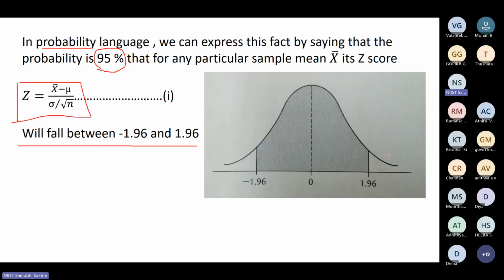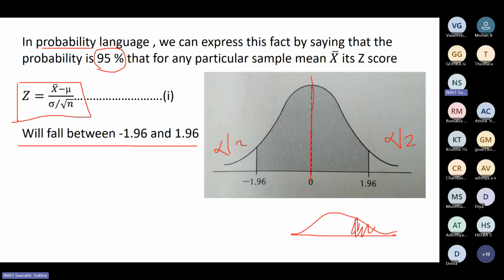I hope now you are able to understand why I did half. If I am fully taking alpha here, then here I leave full. This will be my answer, but no, we should not do it like that. Out of that alpha, alpha by 2 we should leave on the plus side and alpha by 2 we should leave on the minus side, so that I can be more towards my true mean, right?